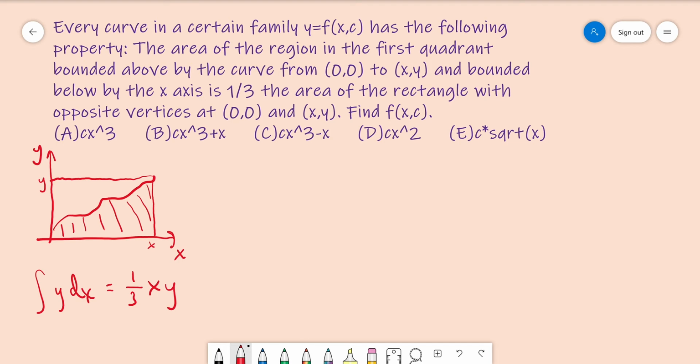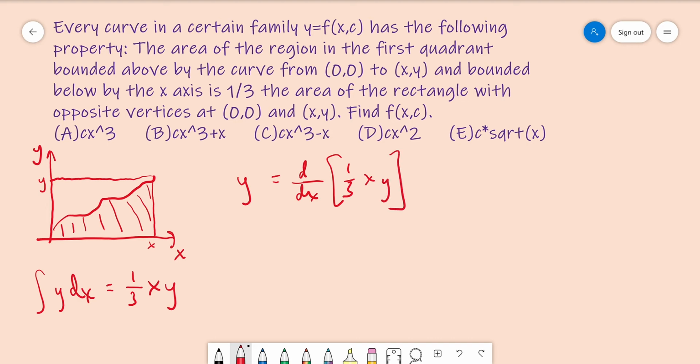Now, you want to find y. If you differentiate both sides, well, the derivative of the integral of y, that's just y. So you get y is equal to the derivative with respect to x of 1/3 xy.